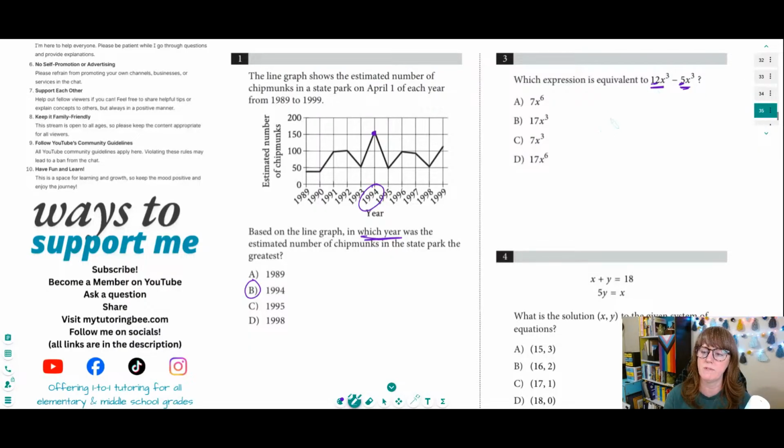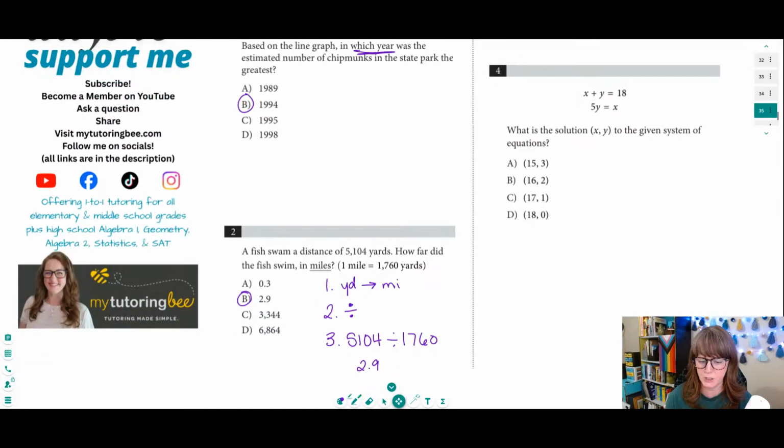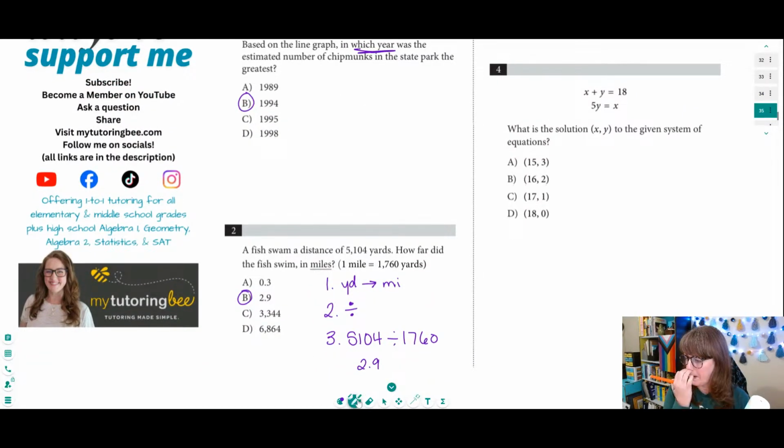So 12 minus 5 is 7, but then we're going to keep it as x cubed. I think that's what they're testing here, what you would do with the exponent. All right. Moving pretty quickly on this page, so I feel like we're not going to be too long on this video.